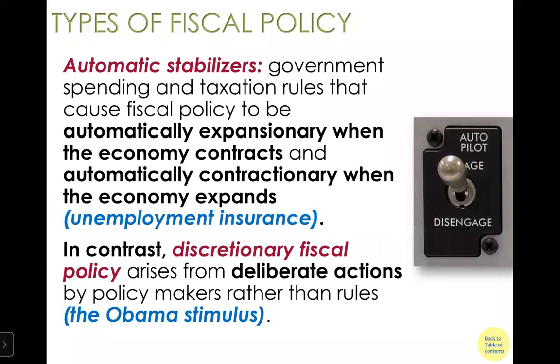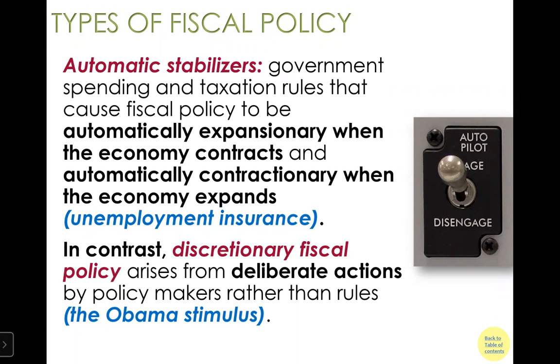Now we can look at another way to differentiate types of fiscal policy. We are going to categorize them into automatic stabilizers versus discretionary fiscal policy.